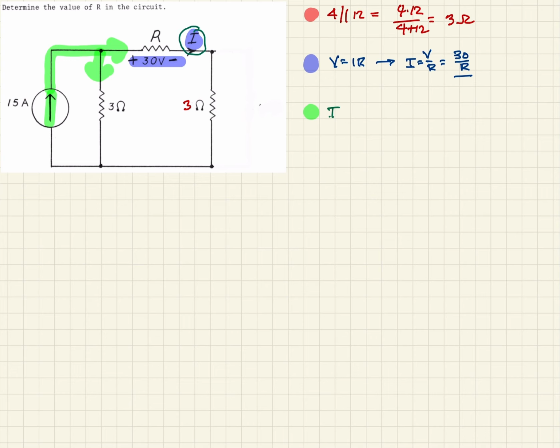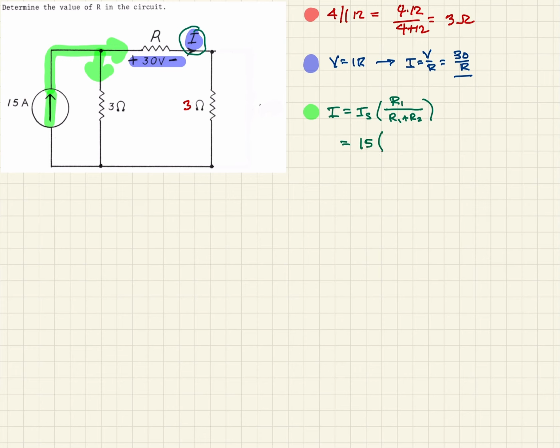So I is going to be equal to the source current, right, times the resistor that's not in the branch that we're interested in over R1 plus R2, which R2 is the one we are interested in. So in this case, that's going to be 15.